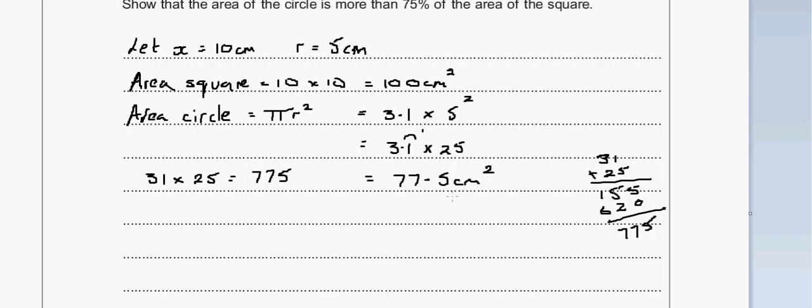centimetres squared. Now 75% of the area of the square, obviously 75% of 100 would be 75 centimetres squared.